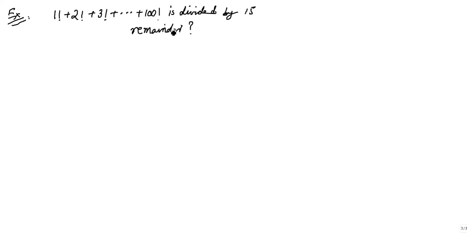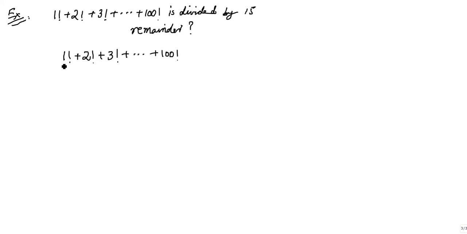Okay. So, we know that 1 factorial plus 2 factorial plus 3 factorial, plus till 100 factorial, when this sum is divided by 15.